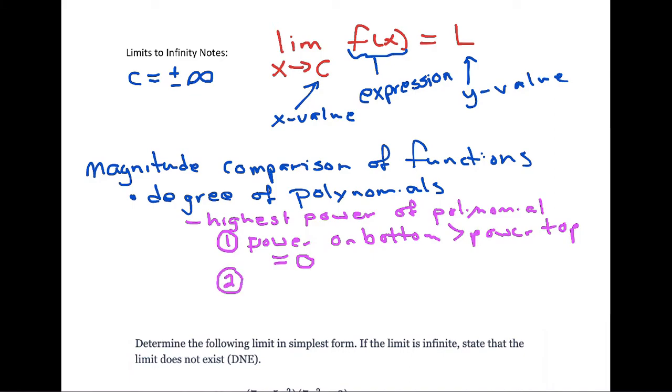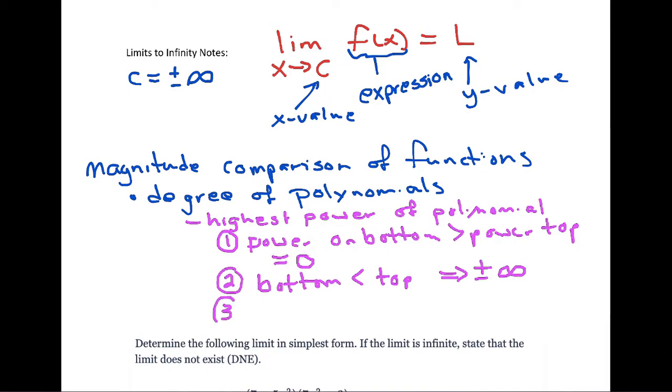Second thing, if the bottom is less than the top, and we're talking about the power, then the thing is going to either plus or minus infinity. So if the top is greater than the bottom.